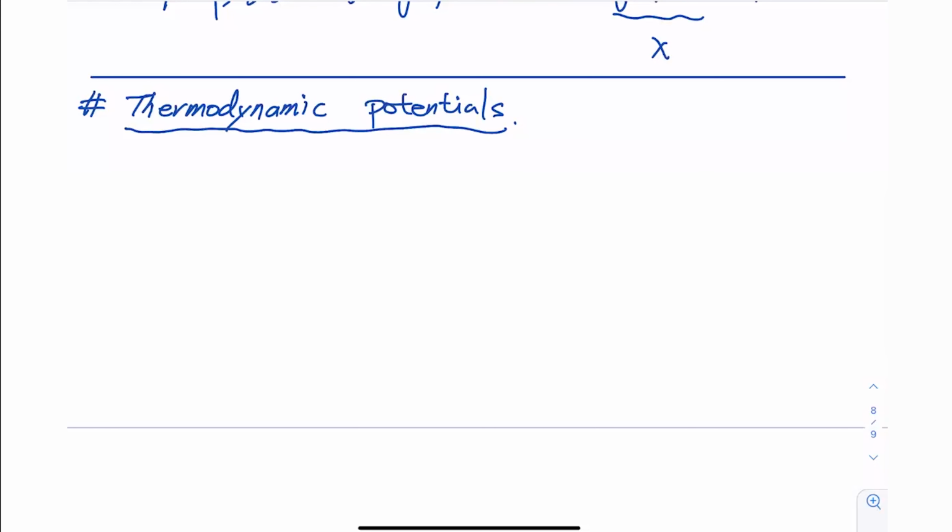So the next step is that we just learned what is the meaning of the Legendre transformation. Maybe we can use that, the Legendre transformation, to convert our expression of the fundamental equation into the thermodynamic potential that is described by the intensive variables, which is the differentiation of the entropy with respect to some extensive variables.